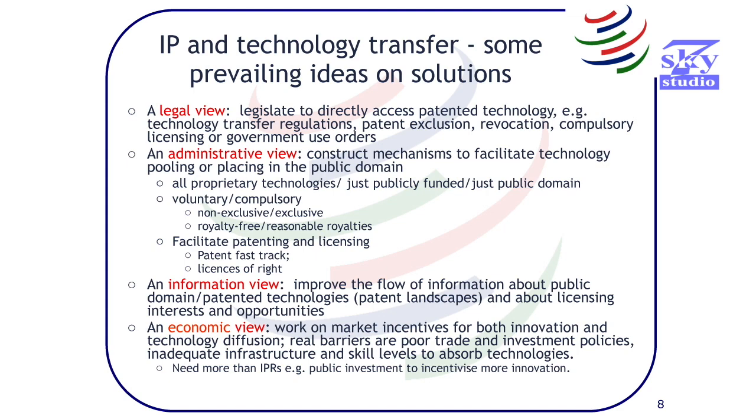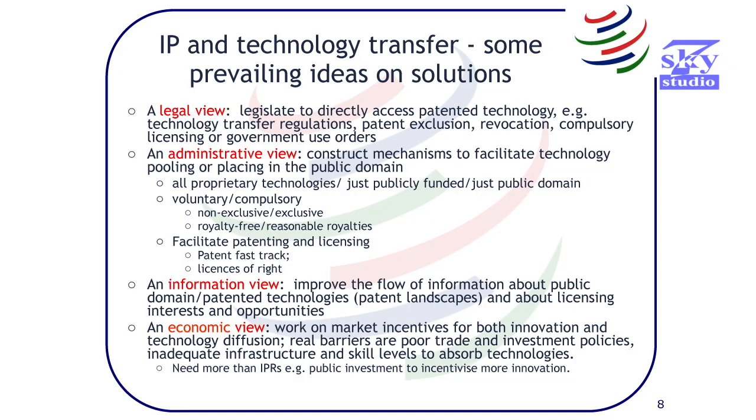Okay, good. Yeah, the aim always is to facilitate patenting and licensing. Or can be. There's fast-track options for certain patents and licenses. You can also just provide the better flow of information.